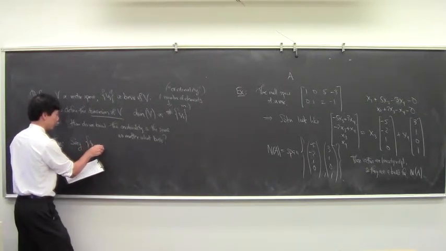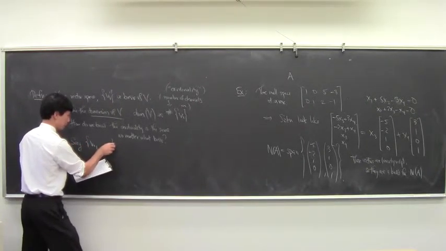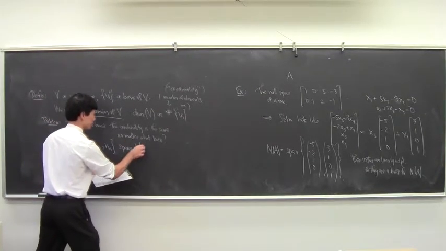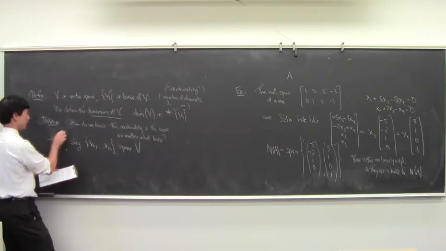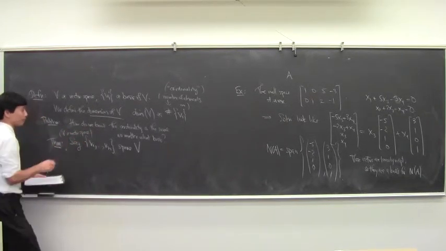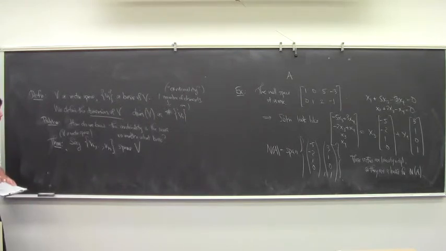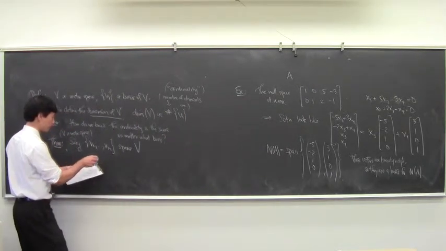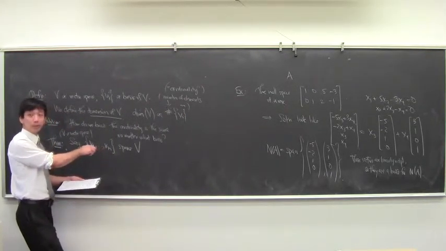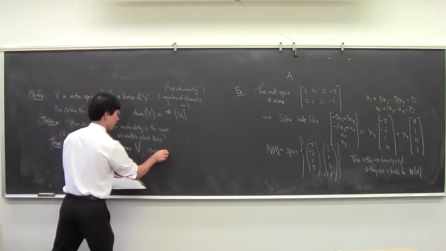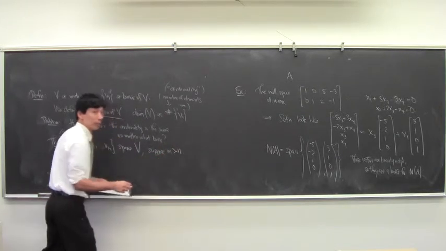If you have a set that spans a vector space, so again, B a vector space. Suppose you have a set that spans the space, and suppose that you have some number m that's bigger than n.